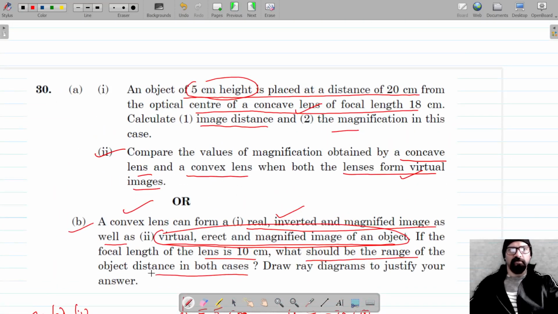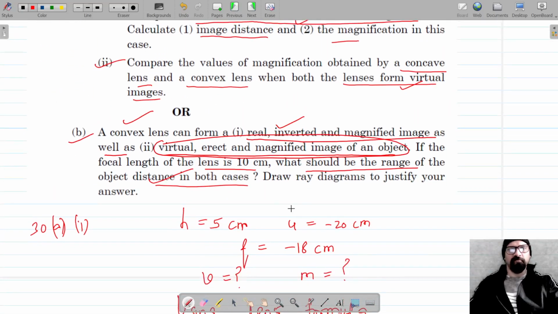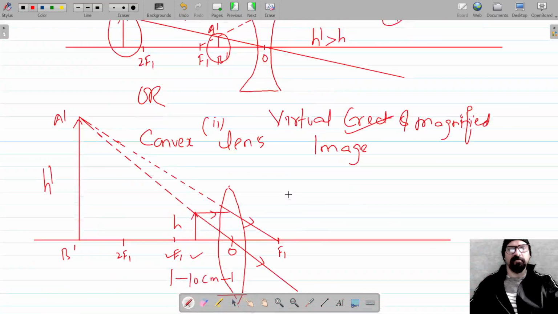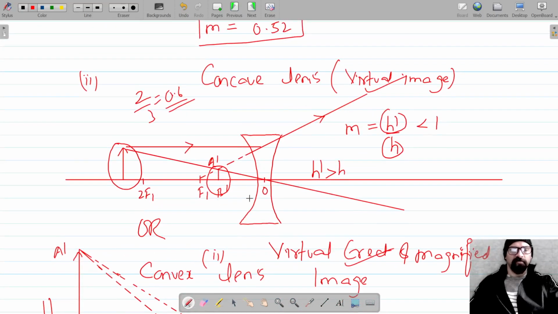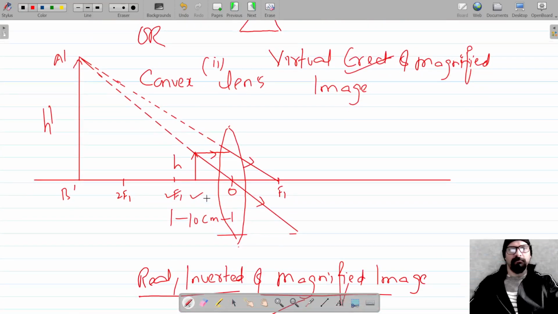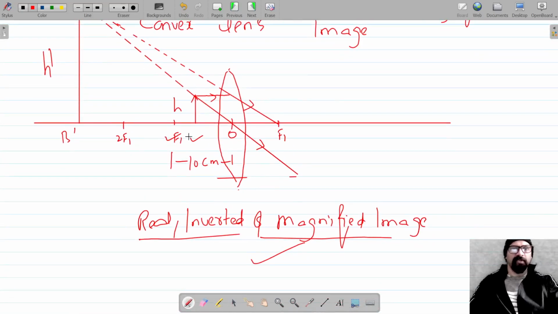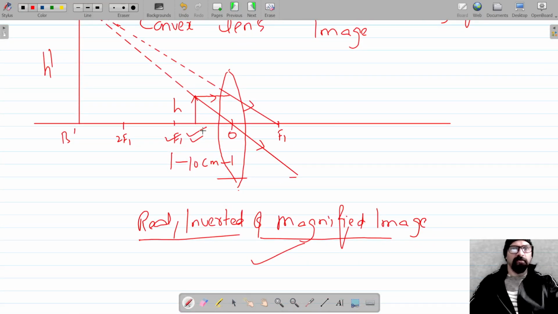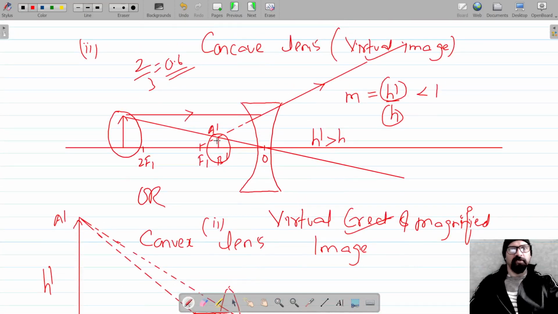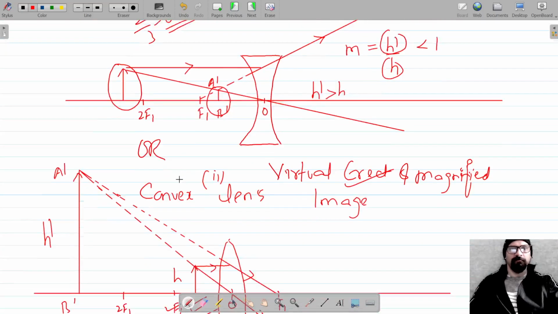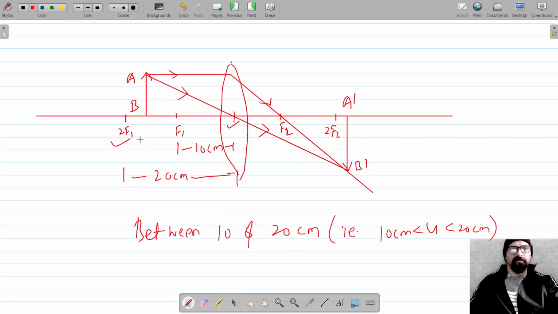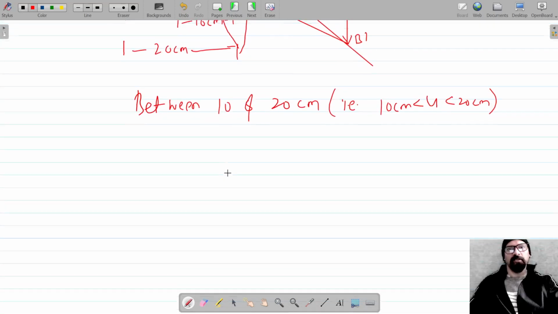So this is the range of object distance in both cases, and we have drawn the diagrams to justify the answer. In the first case, the object is between 0 and 10, and in the second case, the object is between 10 and 20. So between 10 and 20 is the answer.